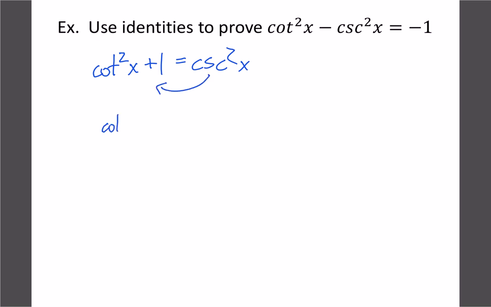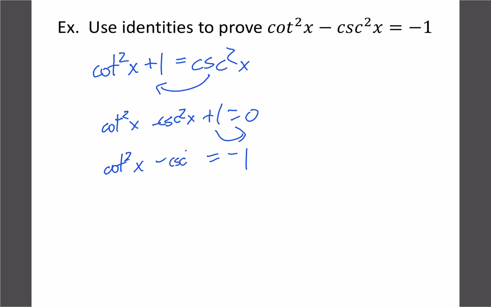So we'd have cotan squared minus cosecant squared plus 1 equal to 0, and then let's bring the 1 to the other side. So we have cotan squared minus cosecant squared. Oops, that's a little messy. And bring the 1 to the other side, that gives us minus 1. And that's it. We've actually already proved it because all we had to do was rearrange the main equation that was given to us. So that's the simplest way to do that one.